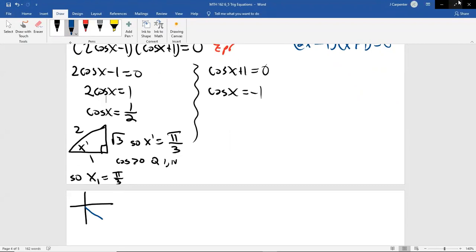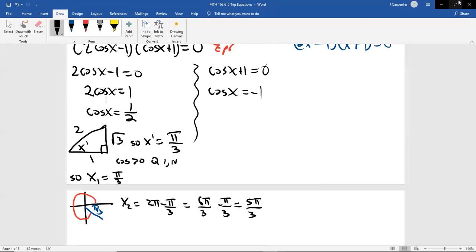Here's our pi over 3, but our actual angle would swing all the way around, which ends up being 2 pi minus pi over 3. So x2 is 2 pi minus pi over 3, which is LCD of 3, so that's 6 pi over 3 minus pi over 3, which is 5 pi over 3.